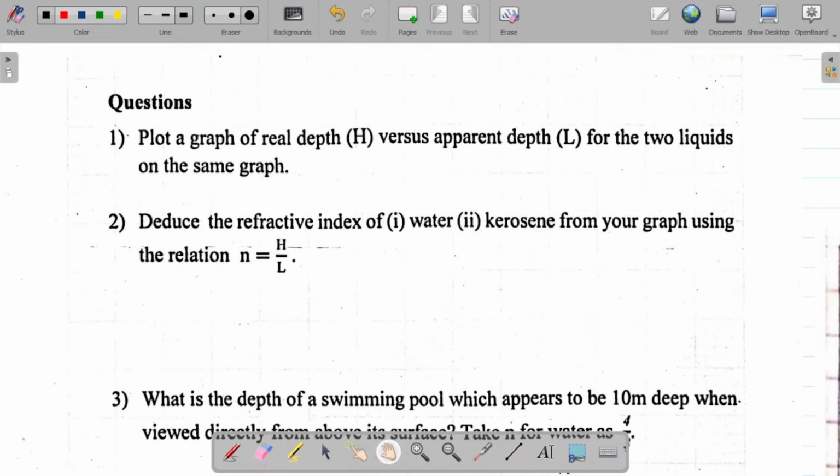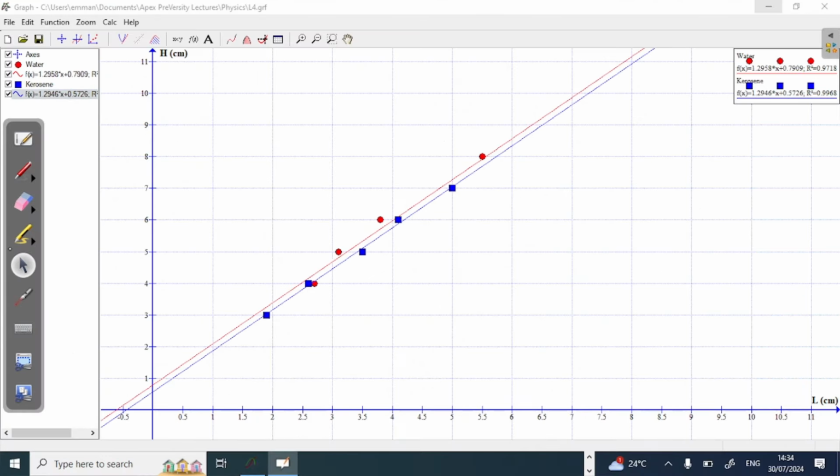Question 2 says, deduce the refractive index of I water, II kerosene from your graph using the relation n equal to h over L. Alright, so how do we do this? Now it's very simple. If I look at the graph again, I was plotting h, you can see h here, on the vertical axis, and then L on the horizontal axis.